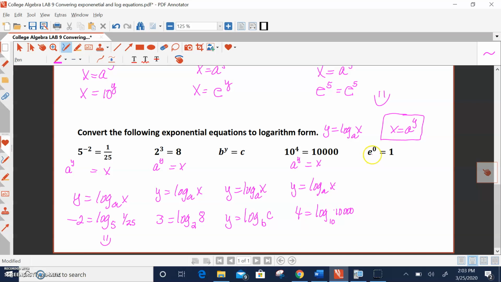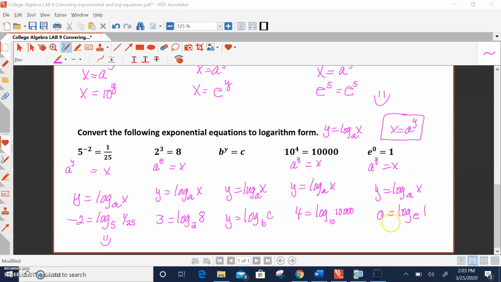And finally, this one is in the a to the y equal x format. And we're going to convert it. So the y position is a 0. The base is e. See that little guy? The a is my base, e. And what is in the x position, which is 1.